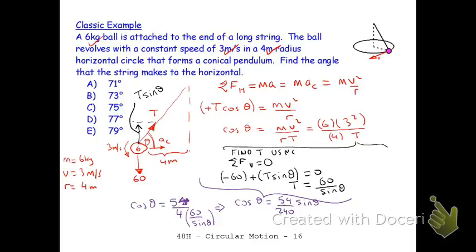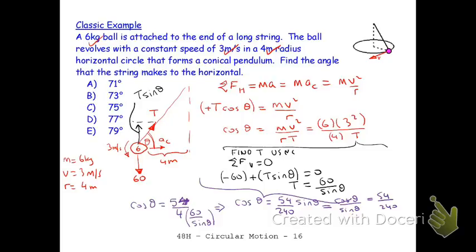Is that right? We're dividing by 60 over sine theta, so we multiply by the reciprocal of it, yeah? And that gives the cosine theta over sine theta equals 54 over 240.